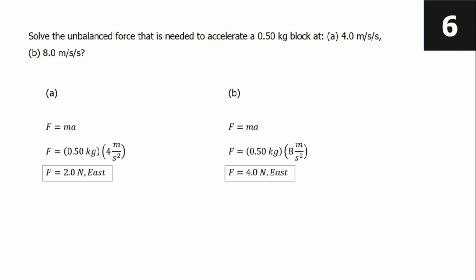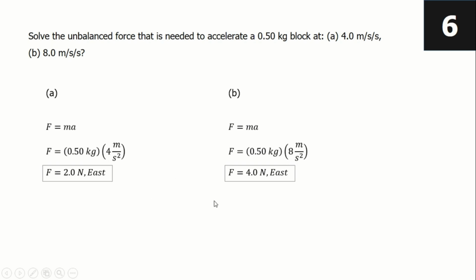So this example is a very good way to illustrate the effect of a net force that you applied on an object. We have the same object, but in the first case, you applied a net force of 2 newtons, and in the second case, you applied a net force of 4 newtons. The mass is the same since we're talking about the same object. What will be the resulting acceleration?